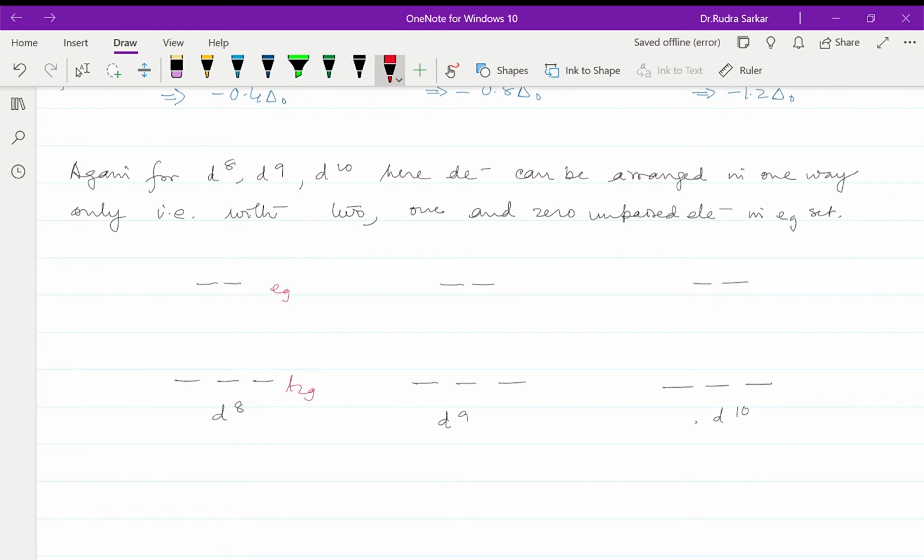So this is T2G, EG, that is T2G, EG, T2G, EG. So here we have 1, 2, 3, 4, 5, 6, 7, 8. 2, 3, 4, 5, 6, 7, 8, 9. So one unpaired electron. 1, 2, 3, 4, 5, 6, 7, 8, 9, 10. Okay.